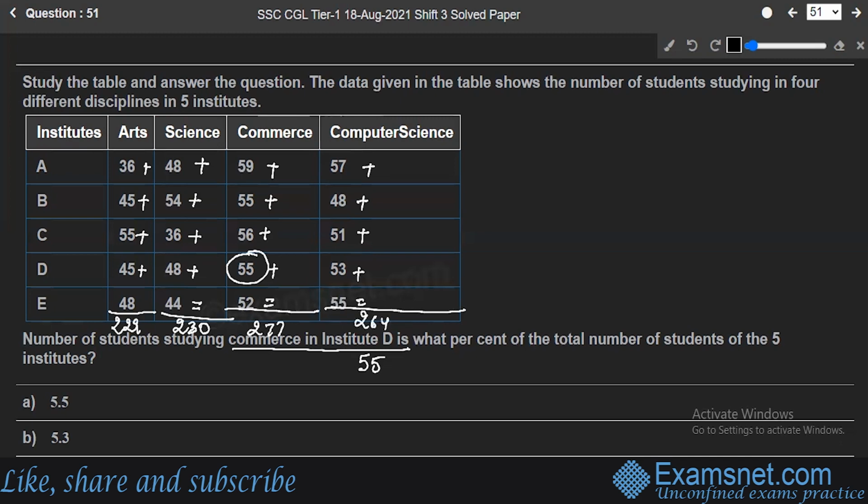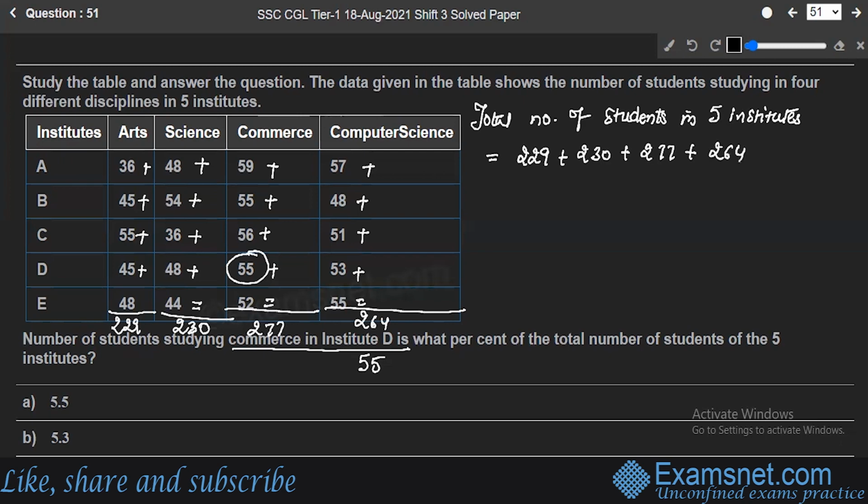So the total number of students in the 5 institutes is equal to 229 plus 230 plus 277 plus 264, which, if you add all of them, will be 1000.